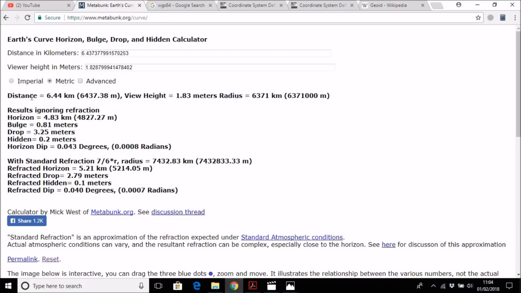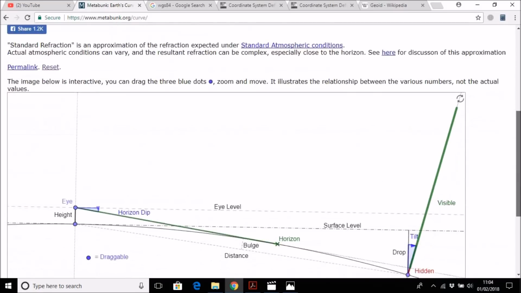This one, the Metabunk one, explains the radius that is used for calculations, and it uses a single radius to generate a three-dimensional object, or in fact in its calculations here it probably just generates a circle and makes its calculation based on that circle.